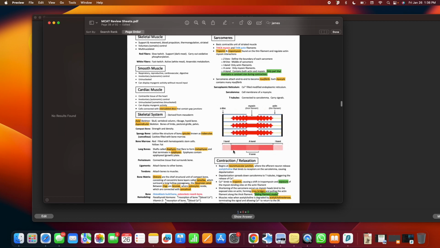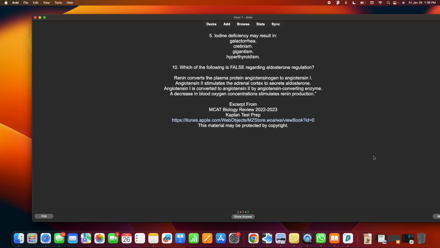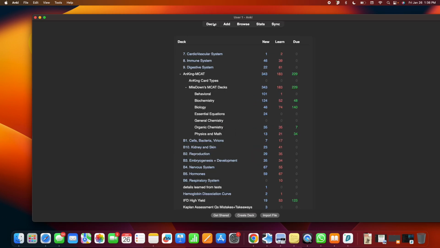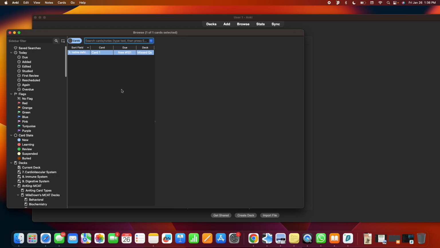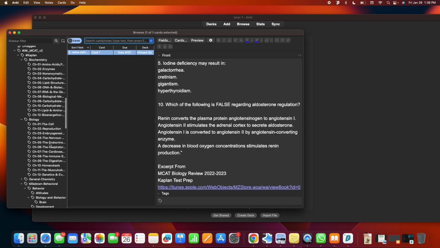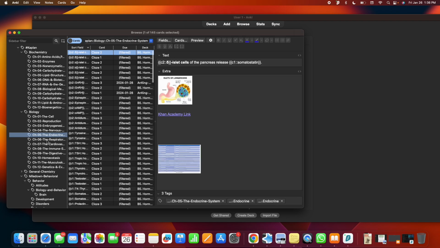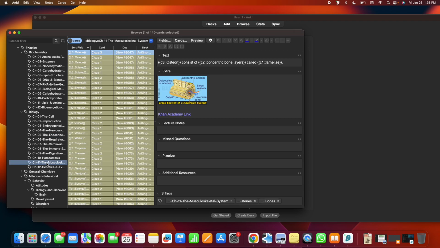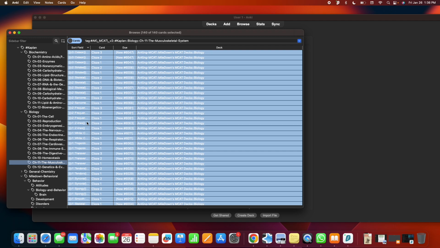Okay, now let's go to our flashcards. So let's go here. Let's unlock these 140 cards.